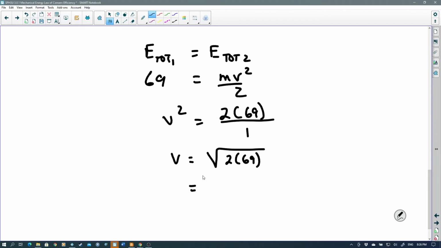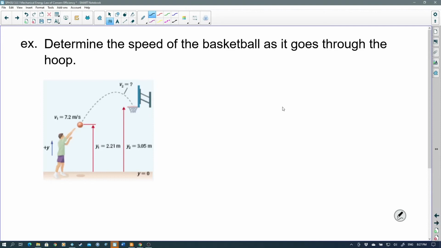So the square root of 2 times 69 is approximately 11.7, which we can round off to 12, and that'll be meters per second. So that is how the law of conservation of energy works.